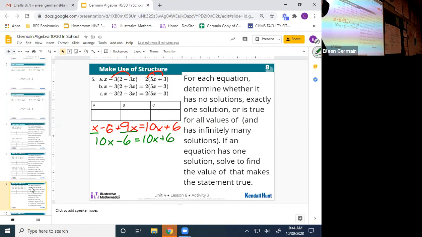Sadie. Same variables on each side, different constants means what? Kyle. Somebody throw it in the chat.